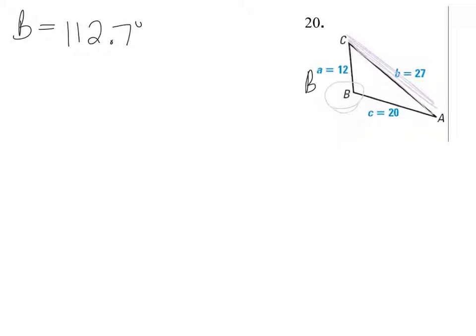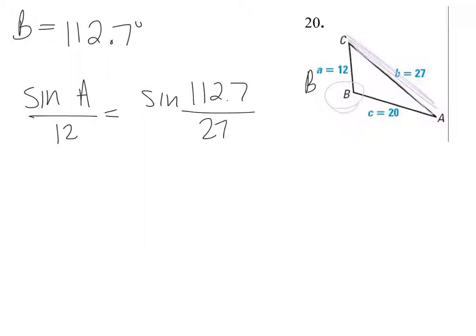Alright, now I can use the law of sines. The law of sines is so much easier, so if I can use it, I will. Sine A over 12 equals sine B over 27. So 12 times sine 112.7 divided by 27. Sine A is 0.41.